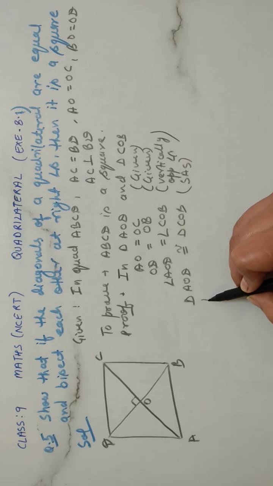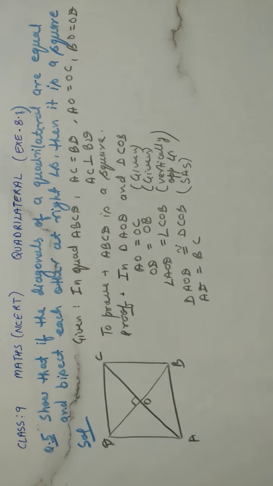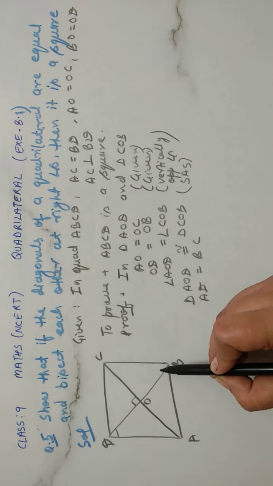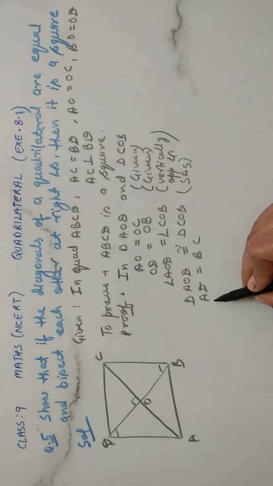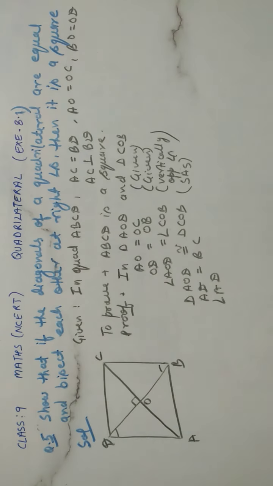Remaining parts means AD is equal to BC, and we are taking the remaining angles also, these two angles. Angle ADO, you can take this one, or if you take these two angles then also you can prove it.